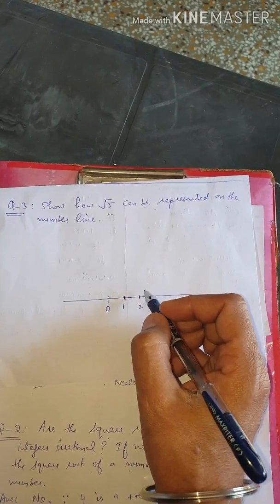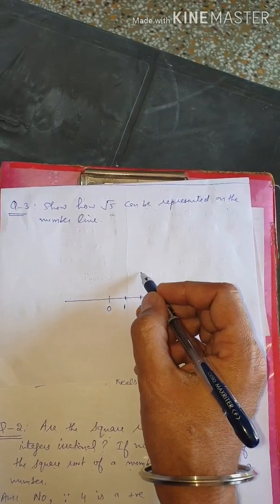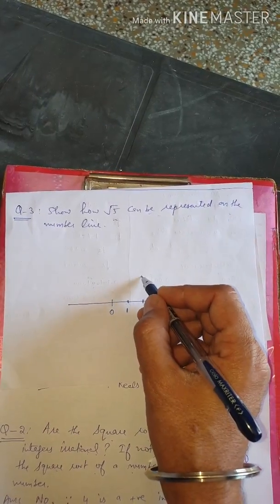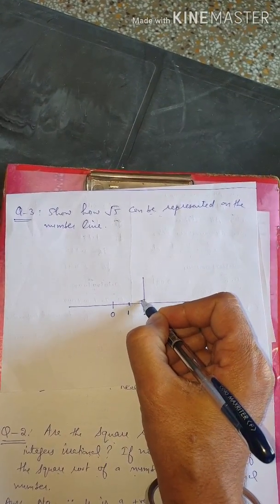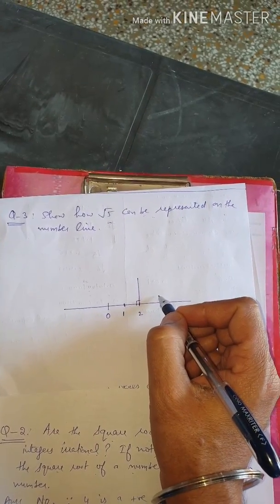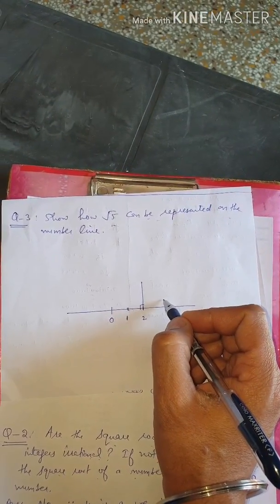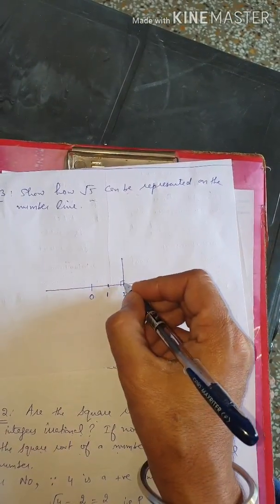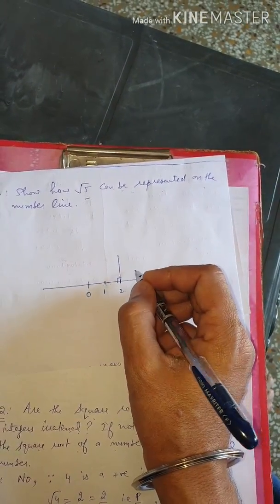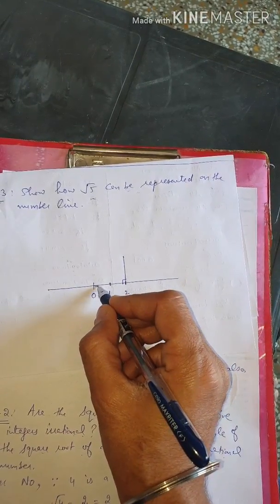Then if you have a compass or protractor, then use that, draw a vertical, means perpendicular line with the help of the protractor. So with the help of that protractor you can mark a perpendicular on it. Then you know what is 1 unit distance?